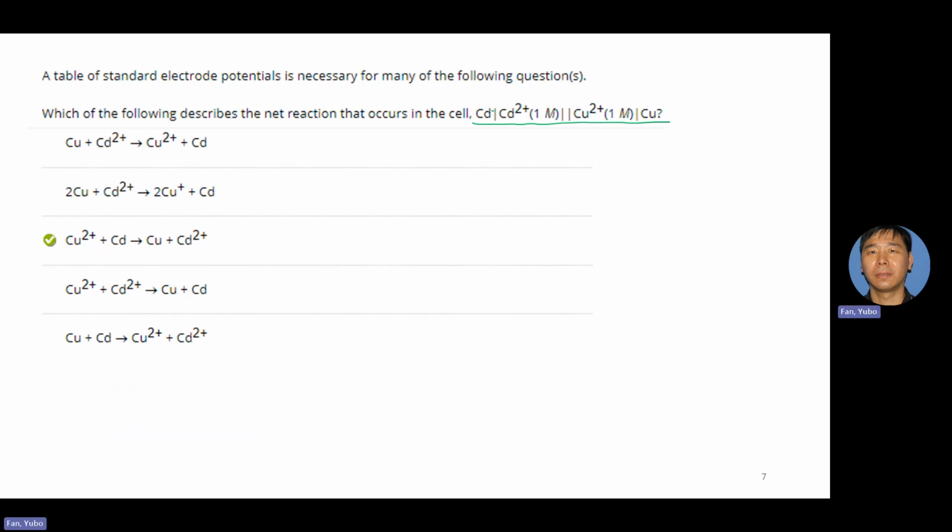So cadmium is oxidized to, so this is a reactant, this is a product, this is a reactant, a product here. So we combine them together. We can find copper 2 plus is a reactant, and cadmium metal is a product. So this is correct. It's always 0 to 2 plus, 2 plus to 0, so for both sides there are 2 electrons involved. So the coefficients are always 1. The others are all wrong.